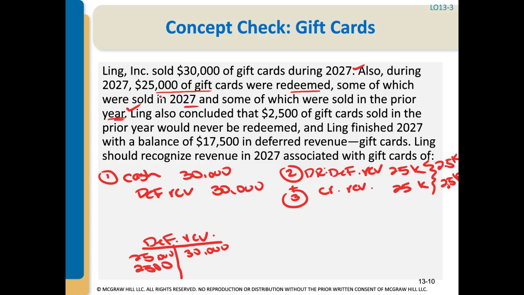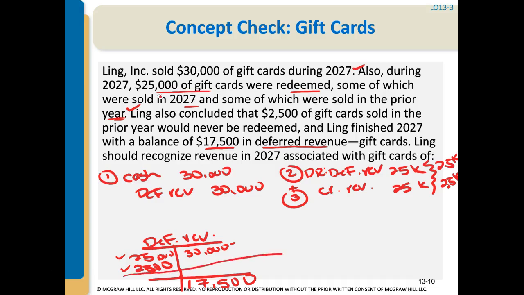And then finally it tells us that Ling finished 2027 with a balance of $17,500 in deferred revenue. So if I look at my ending balance for deferred revenue, it's $17,500. So how would I get there? If I take my 30,000 minus 25,000 gets me 5,000, minus 2,500 gets me a credit balance of 2,500, right?